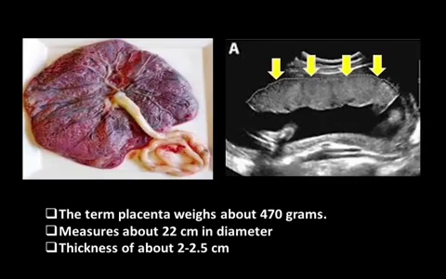The term placenta weighs about 470 grams, and measures about 22 centimeters in diameter, with a thickness of 2 to 2.5 centimeters. Placental thickness is usually directly proportional to gestational age, to the extent that it can often predict the gestation weeks. The umbilical cord typically inserts at the center of the placental bulk.